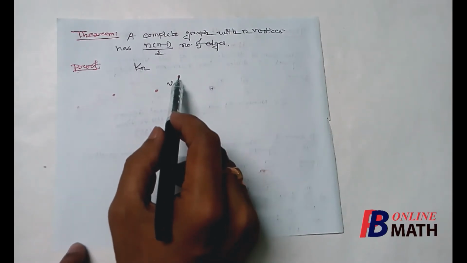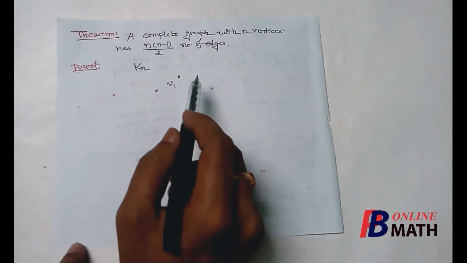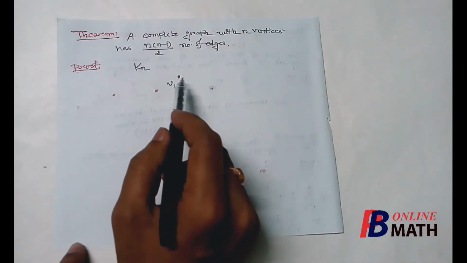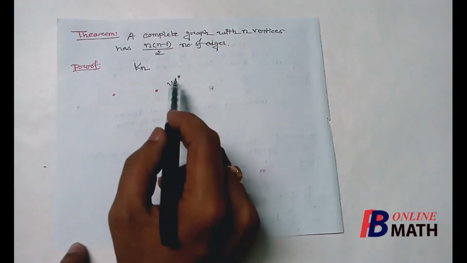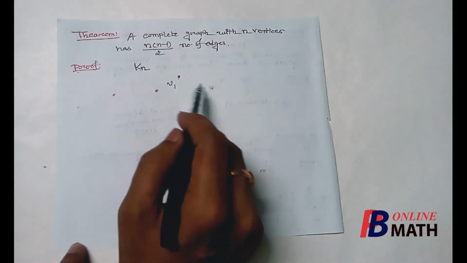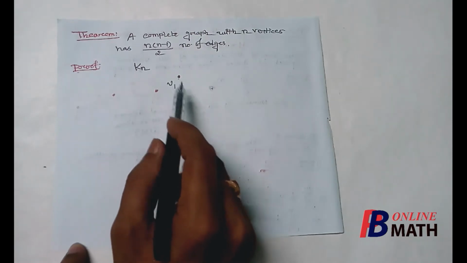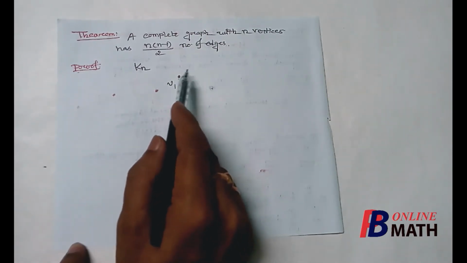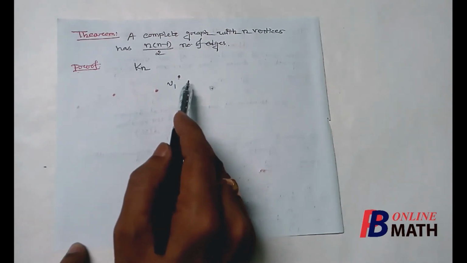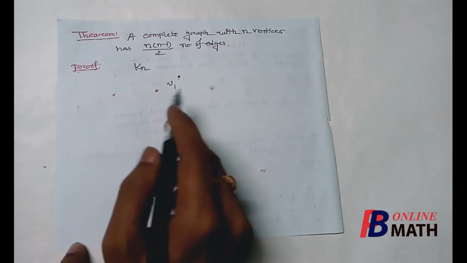So there are actually n minus 1 edges which are incident to this vertex V1, because V1 and V2 are connected by an edge, V1 and V3 are connected by an edge. Similarly, V1 and Vn are connected by an edge. So there are exactly n minus 1 edges which are incident to this vertex V1.